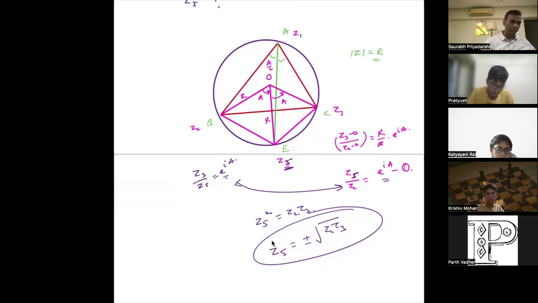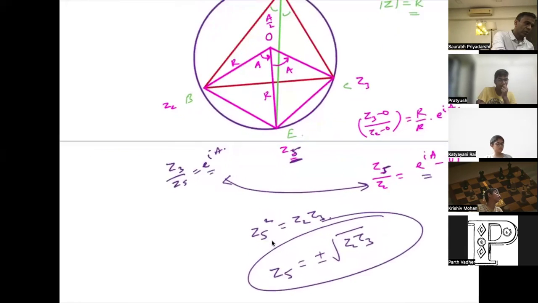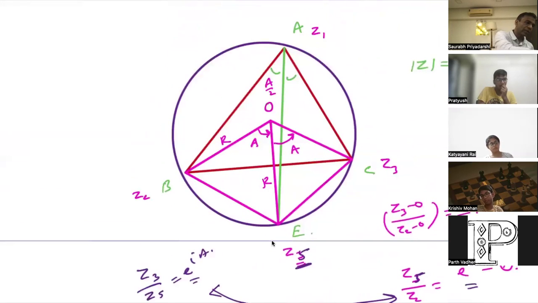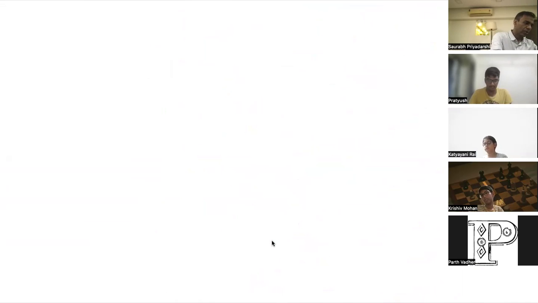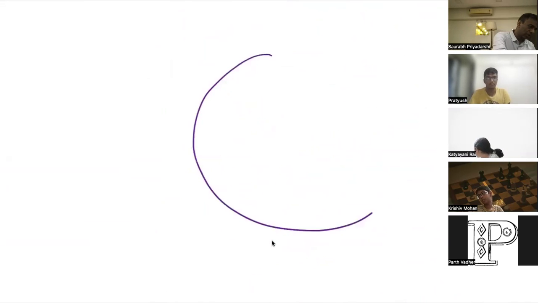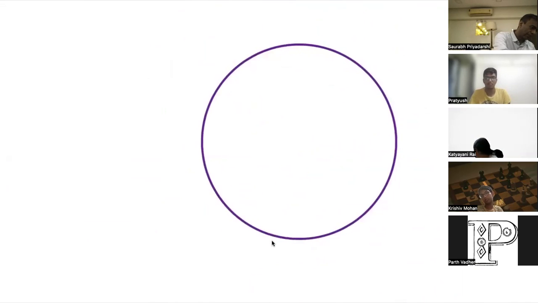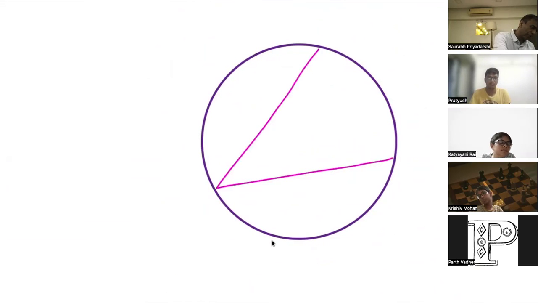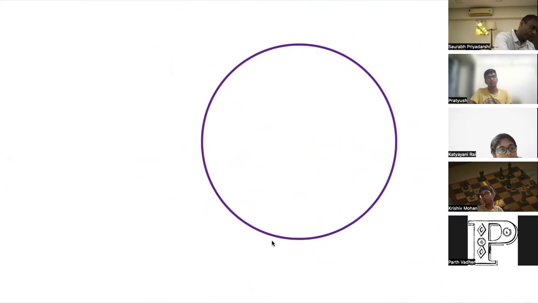If I'm giving you the same figure, everything is the same, right? This is the circle. Z1, Z2, Z3. Right.